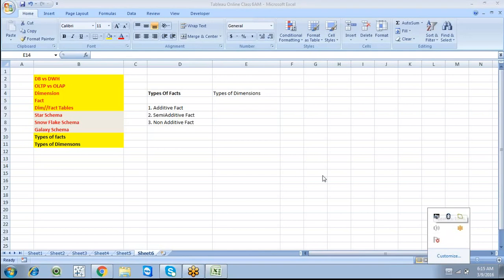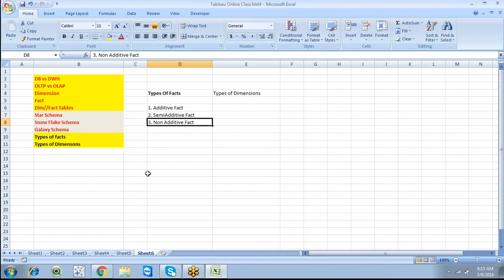Additive fact in the sense, if a particular fact is going to aggregate across all the dimensions within a fact table, I'm going to give that definition as an additive fact.